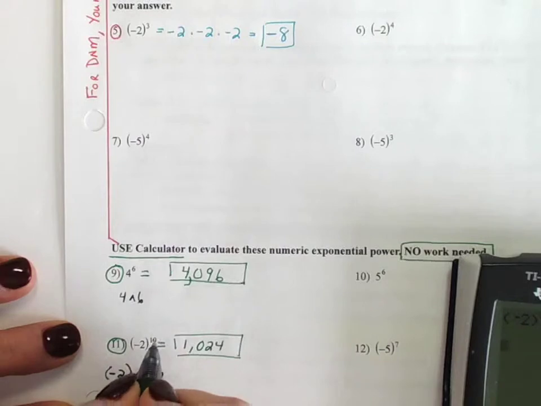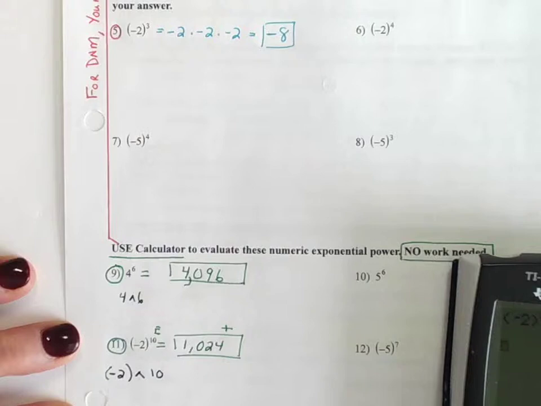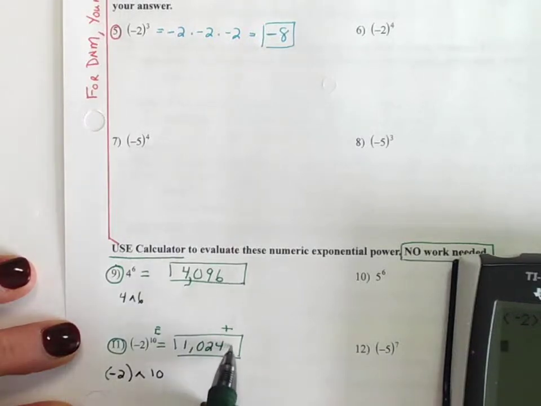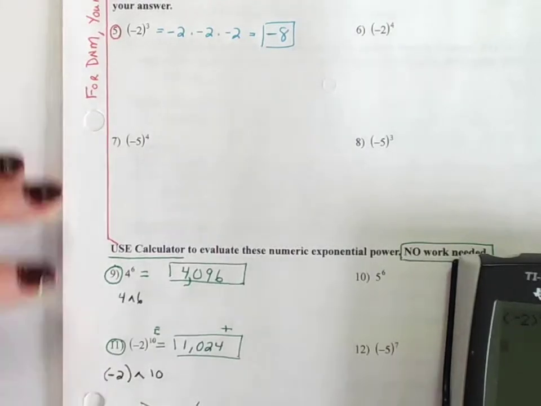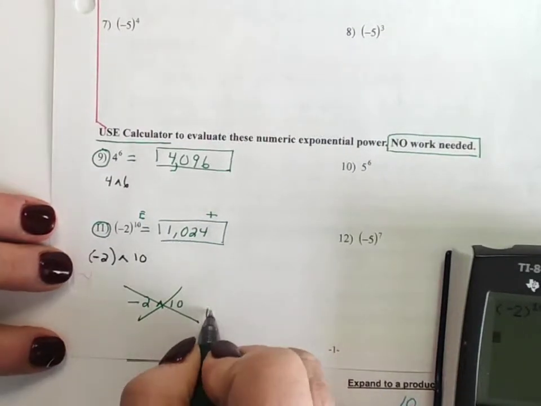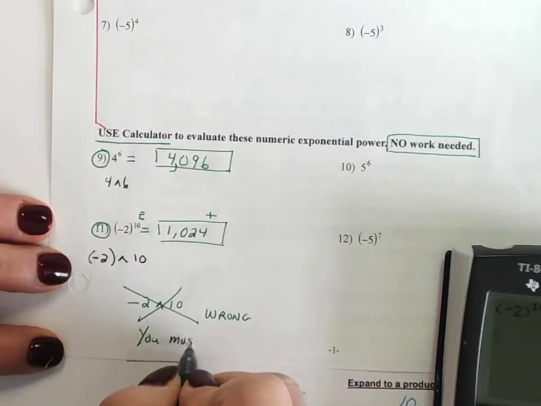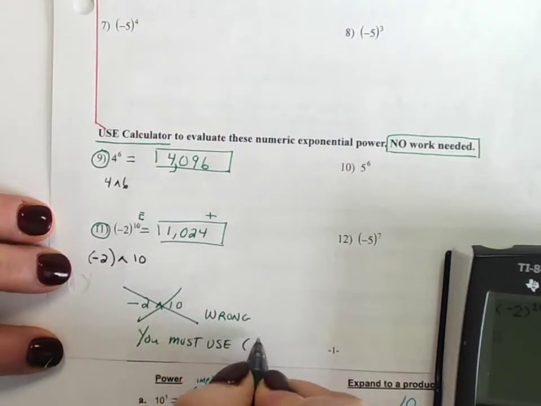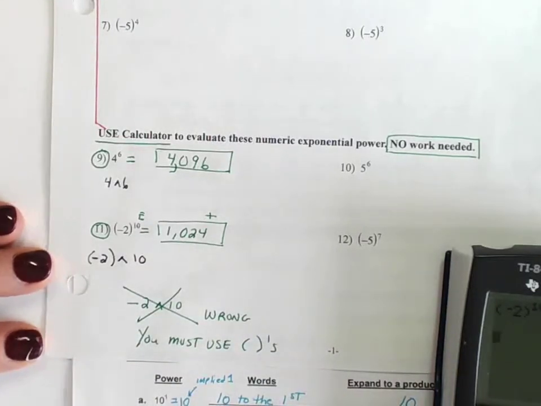That was even, so you knew this had to be positive. If you got the answer as a negative number, you forgot parentheses. -2 caret 10 is wrong. Okay? Wrong. You must use parentheses, especially when you have negative numbers.